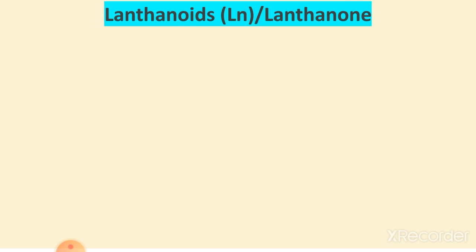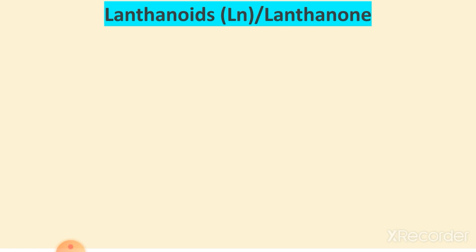The lanthanoids are also known as Ln, and also as lanthanones. Here Ln also indicates lanthanum, because lanthanum closely resembles the lanthanoids, so it is usually included in any discussion of lanthanoids, for which the general symbol Ln is often used.